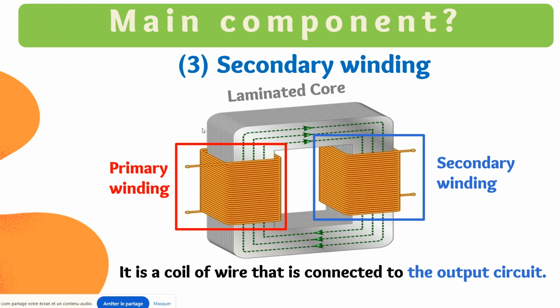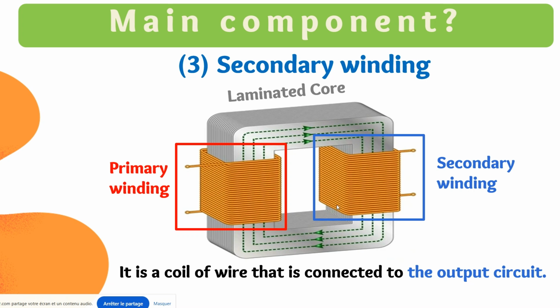Okay, it is composed of what? A laminated core, the gray shape here, which is a ferromagnetic metal. And here we have a coil of wire, une bobine de fil conducteur, which is called the primary winding, des enroulements primaires.